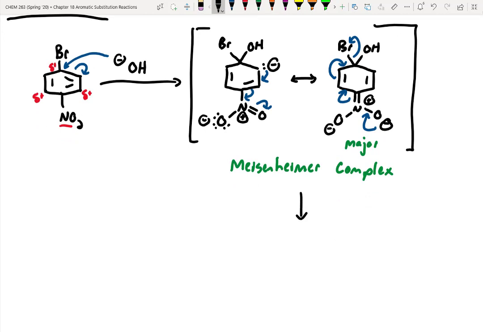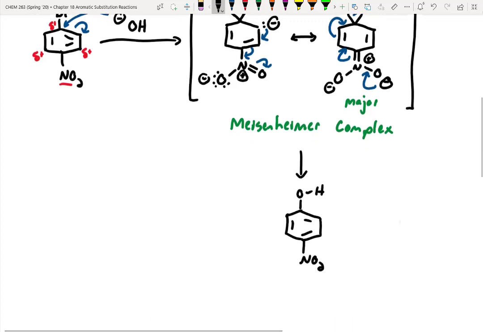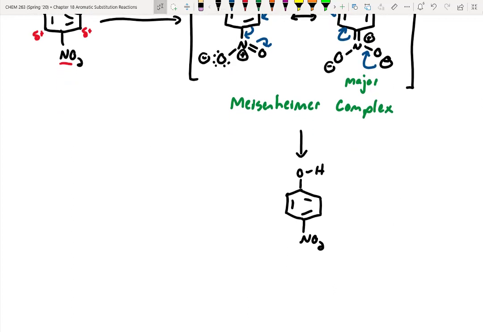So we're almost there. We've kicked this all off. We've reformed our regular nitro group, so I'm just going to show it like that. However, this reaction is almost always done with excess hydroxide. We have to push the reaction to completion, so oftentimes there's excess reagent used.